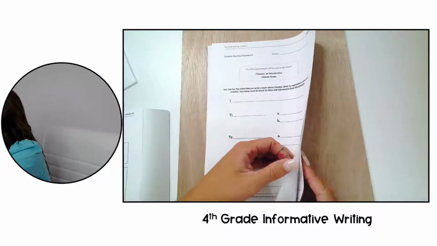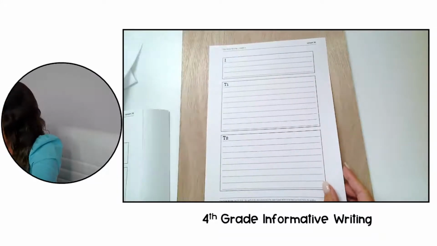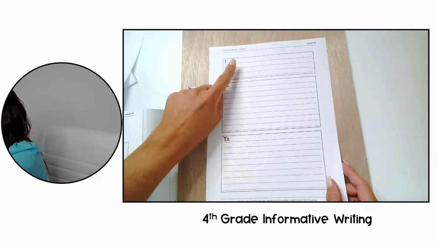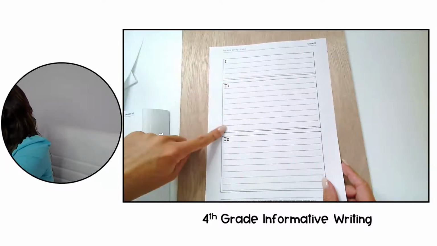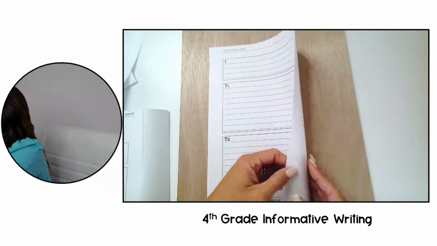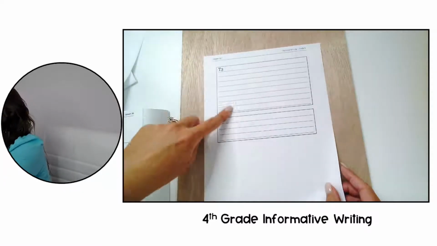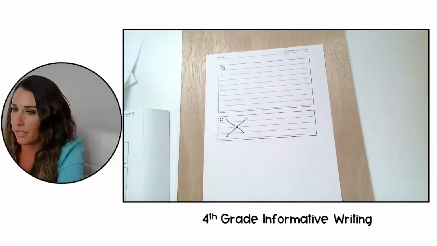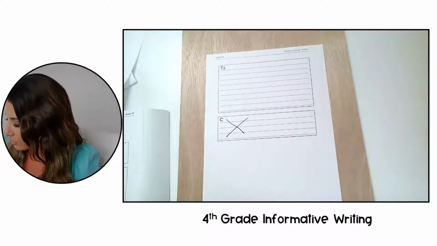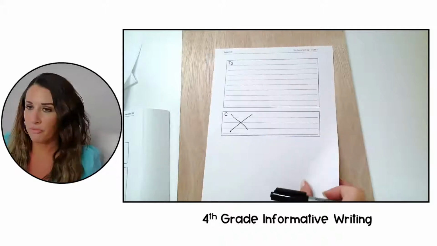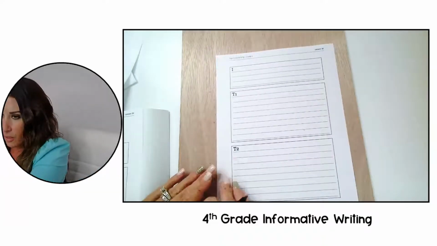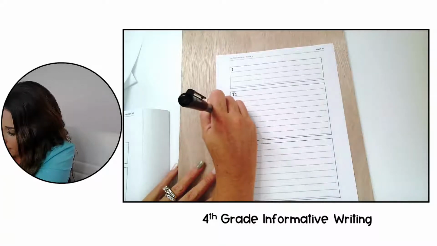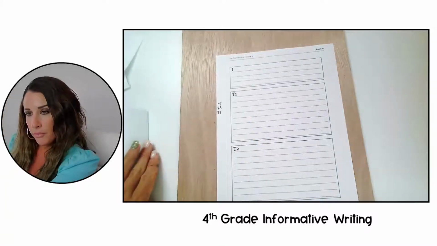And then you are going to write your I, which we did that before as well. So if you still have that, you can copy it. You're going to write your T1, your T2, and your T3. You're not going to write C, okay? You can just put an X over C. You don't have to do that yet because we did not learn it. I also want you to, before you start, next to your T1, write T3A, 3B.